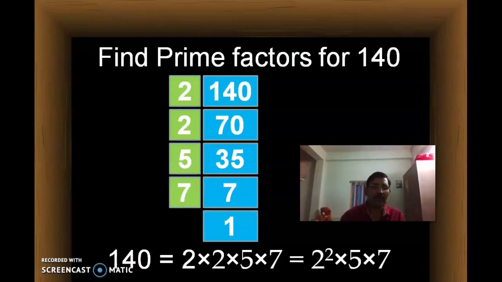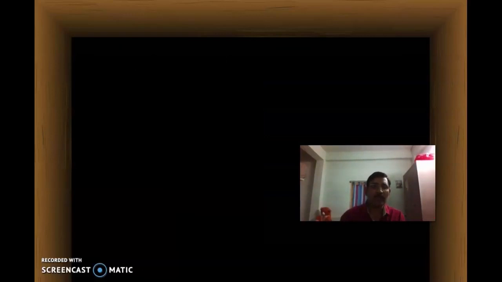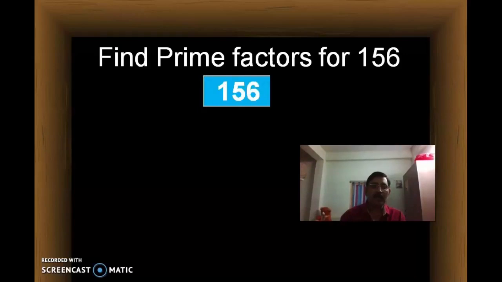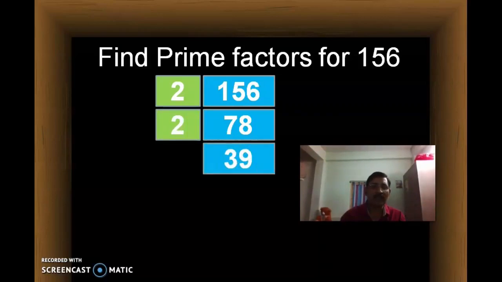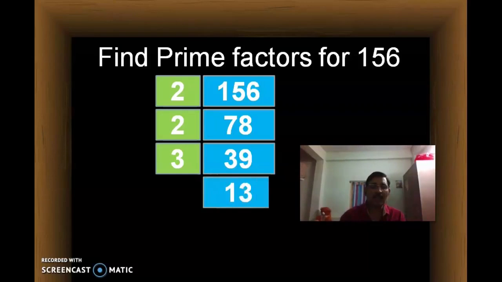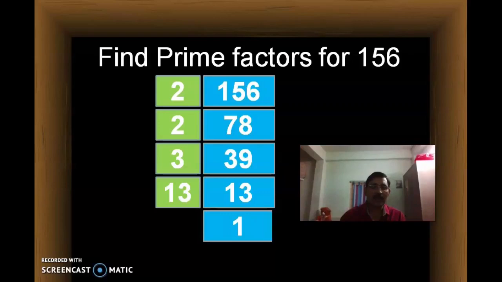Now let us take one more example. Find the prime factors of 156. 156 again we can divide by 2, and we get 78, and again divide 78 by 2, we get 39, and again divide 39 by 3, we get 13, and 13 divided by 13 gives 1.